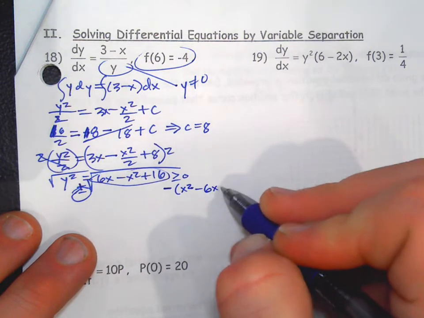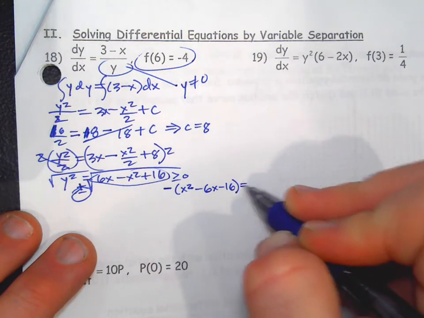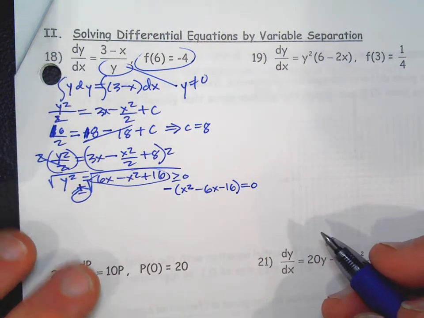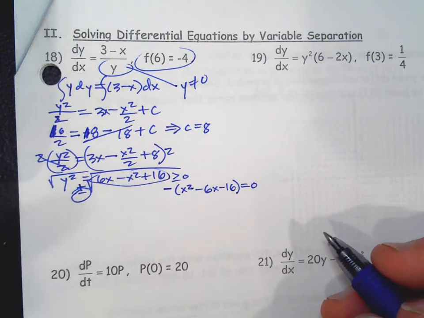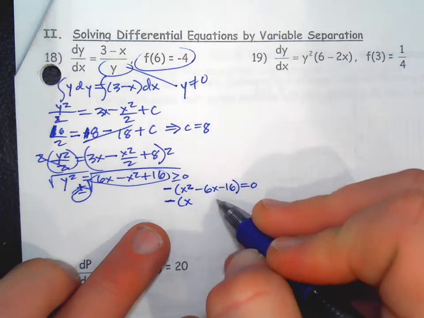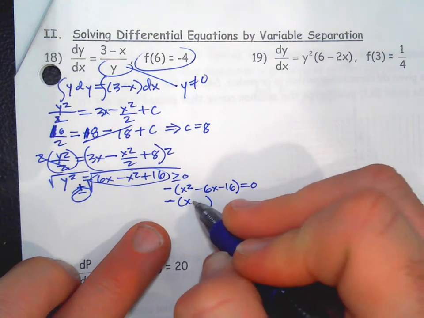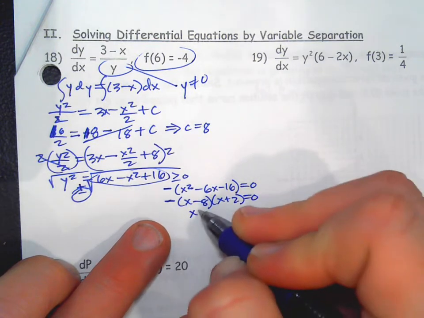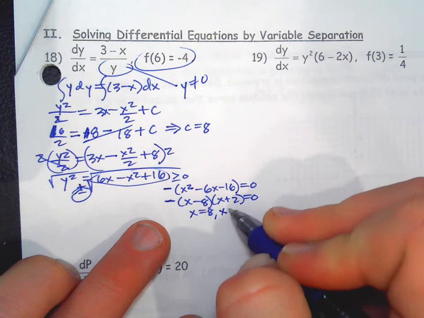Minus 6x minus 16. And set equals 0. These are easier. You don't have to keep track of the inequalities because you're not really finding this guy's domain. You're finding a single open interval. So these actually allow you to be a little lazier. Minus 8 plus 2. So x equals 8, x equals negative 2.